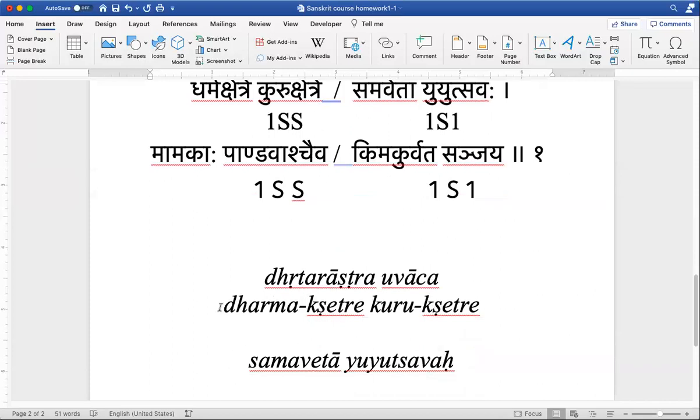Similarly we can mark it here also. Dharma kshetre kuru. The sixth one is 1, 2, 3, 4, 5, 6, Ru, so this becomes Guru here.